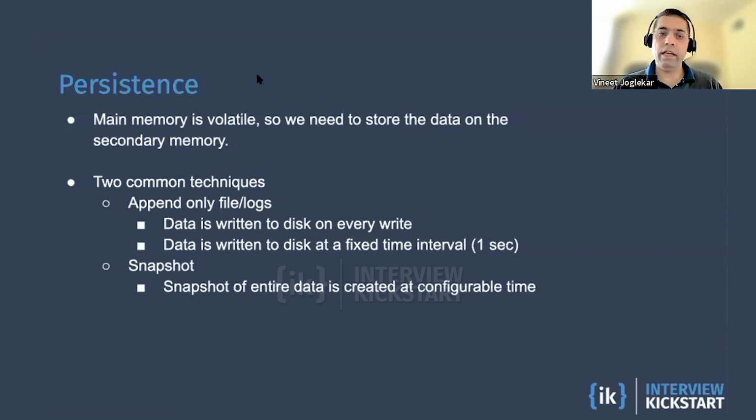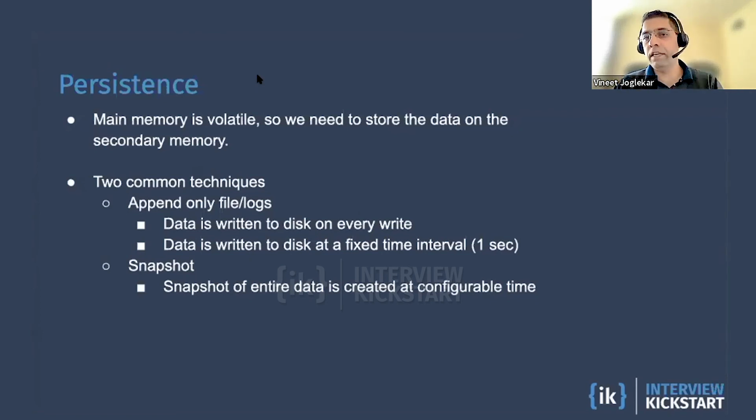But even in that, there are a couple of different techniques: either write every single write, or, similar to a write back cache, have an internal buffer where you pile up a few writes and then write every second or every few seconds. Again, pros and cons.